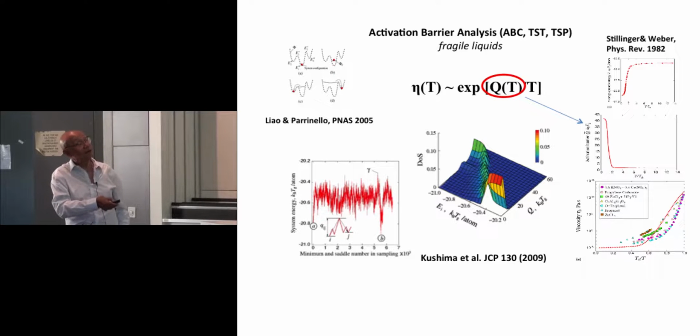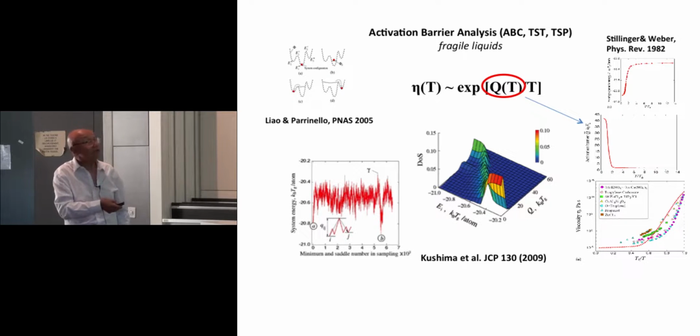And then with data of this kind, you can do activation barrier analysis in which you actually take seriously the statistics of the various activation paths. So if I start out with minimum I, and I want to know what is the activation going from I to J, and I notice this is the highest saddle on the path, and that defines the Qij.